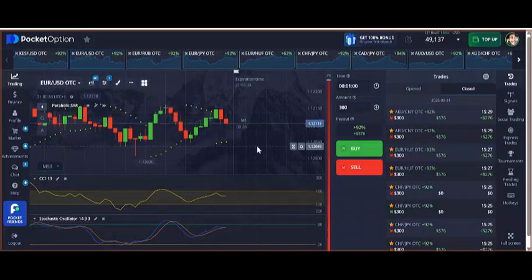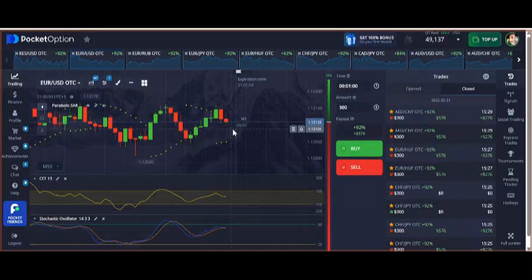Now, if you observe this green candlestick and this red candlestick that are currently being formed, it's a little bit stable, right? We can see that it's going down. It just goes up once in a while and comes back down. In a slightly stable market like this, you can use a shorter time frame.